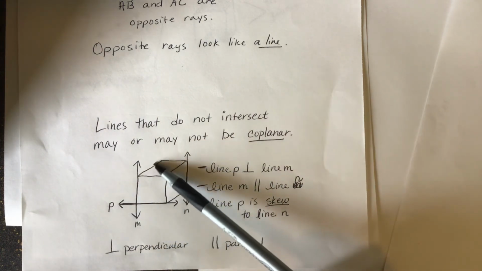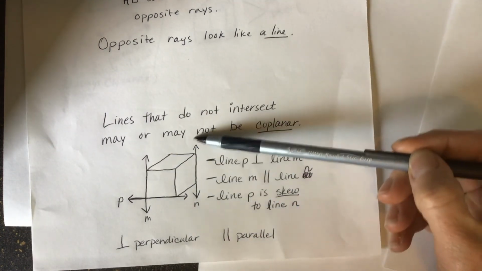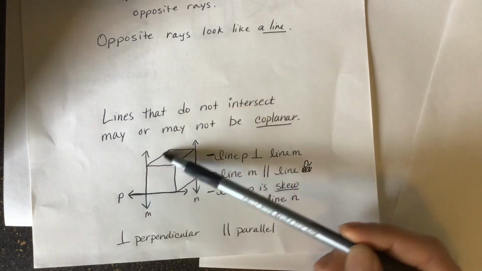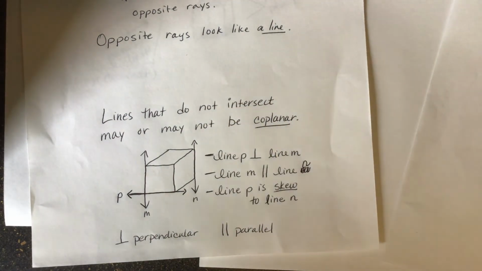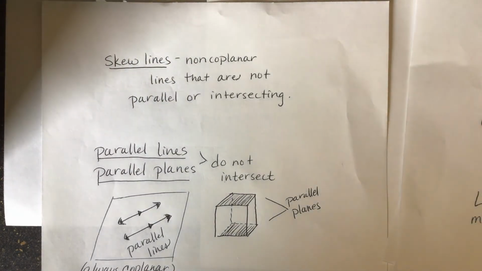Think three-dimensionally. This one's coming out this way. This one's coming up this way. They're not actually going to intersect, even though if I drew it in, it might look like they intersect here. But three-dimensionally, they're not going to intersect. Okay, so skew lines, here's the definition: non-coplanar lines that are not parallel or intersecting.